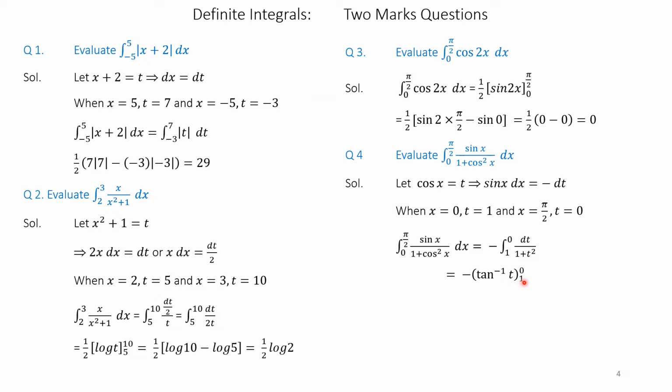Therefore, the limits are 1 to 0. Therefore, it becomes minus of tan 0, which is 0, minus tan 1, which is pi by 4. Pi by 4 means 45 degrees. Therefore, minus of minus becomes plus. Pi by 4 is the answer.